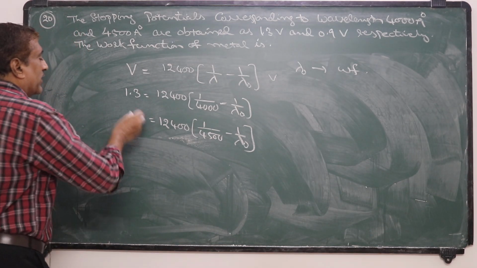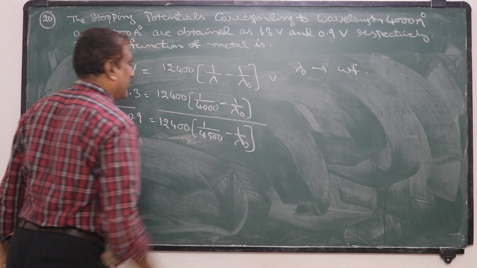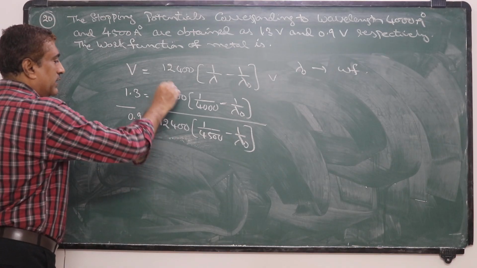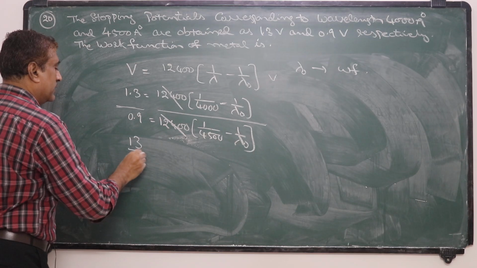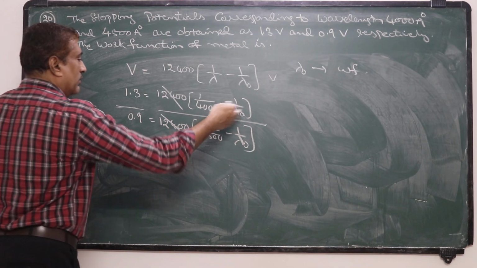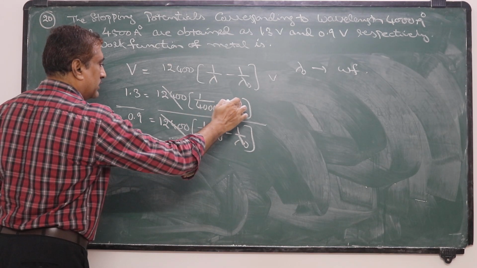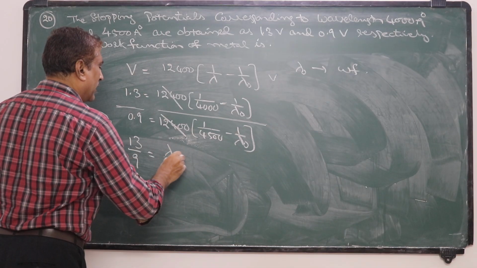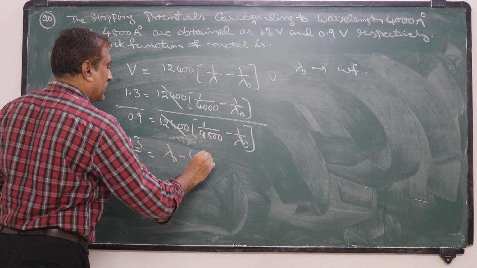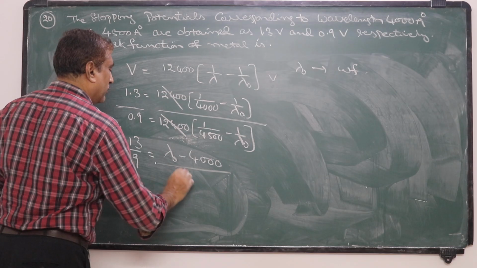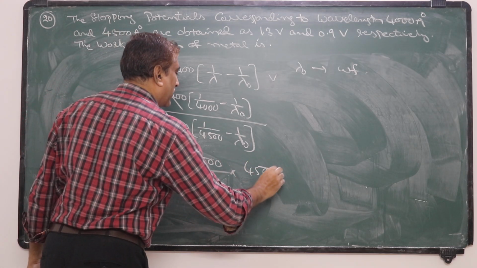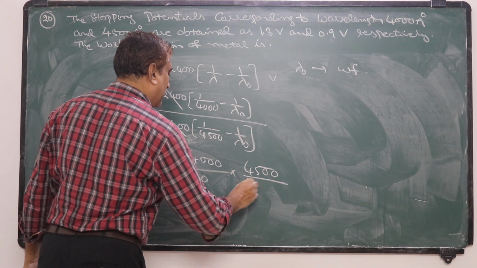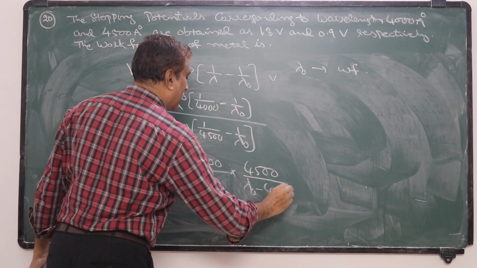By taking the ratio of these two, this will get cancelled, and it can be written as 13 by 9 is equal to lambda 0 minus 4000, by 4000, into 4500 by lambda 0 minus 4500.